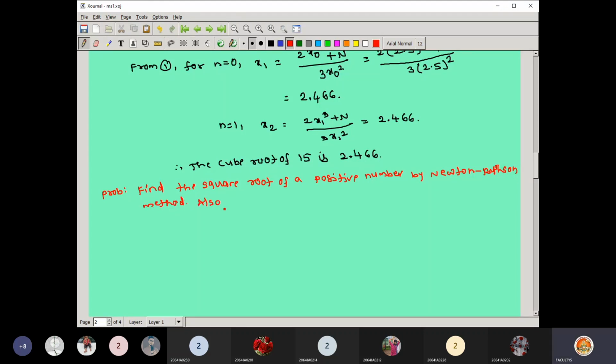Also find the square root of 10. ముందు ఫార్ములా డెరైవ్ చేసిన తర్వాత you are calculating the square root of 10.